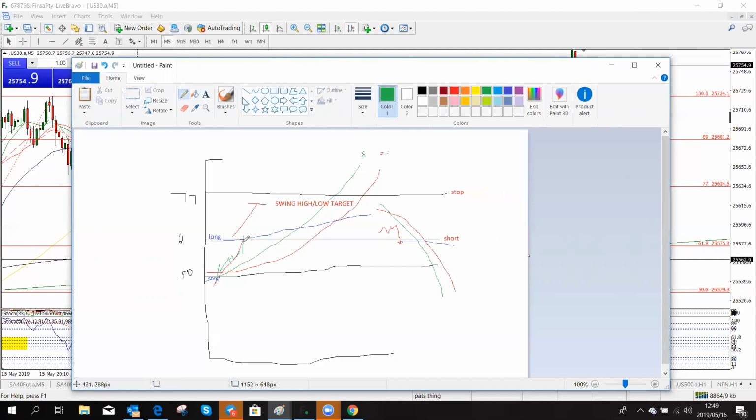When price action has reached halfway between targets, so the target is 77 there, entry is 61. As price action reaches 50% of that distance, the stop moves up 50% of the distance between the 61 and the 50. In this particular case, when we took the short here, we're trading 61 to 50.